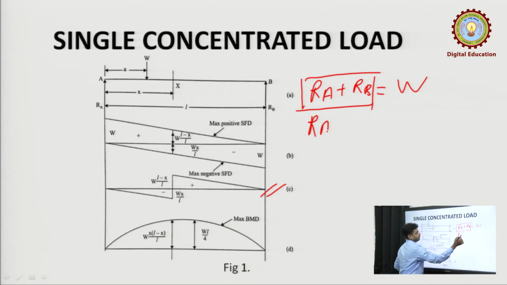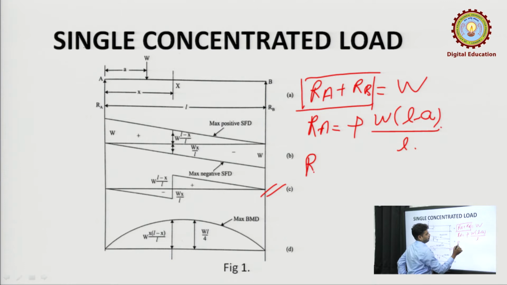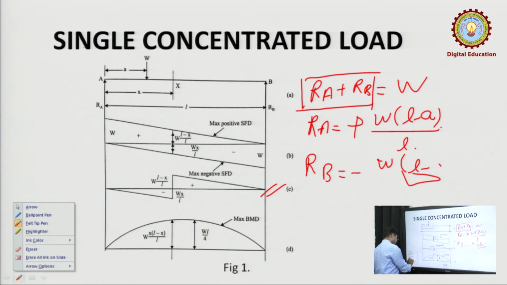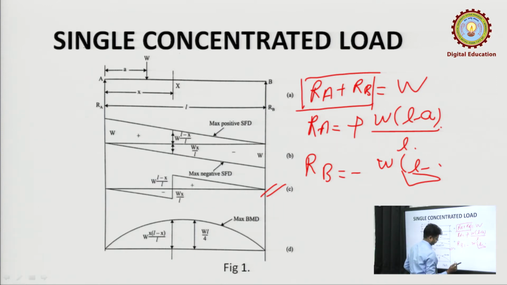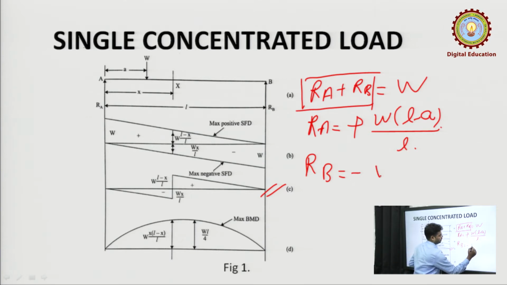What were those values? Ra equal to plus W L minus A upon L, and Rb equal to minus W A upon L, which is negative.